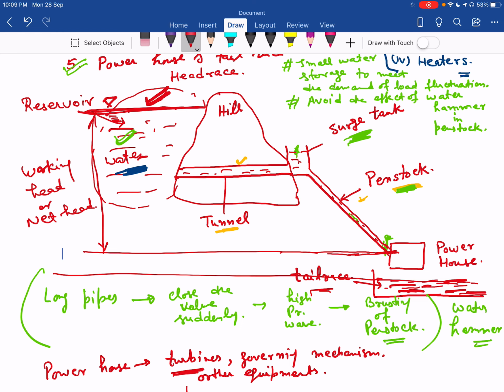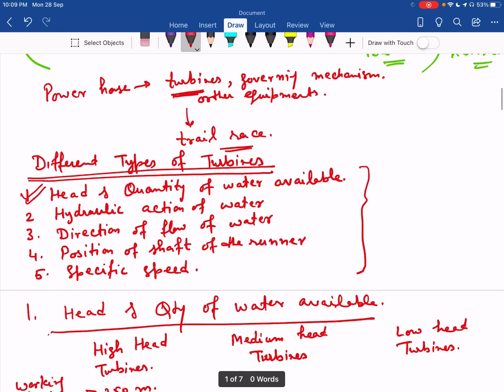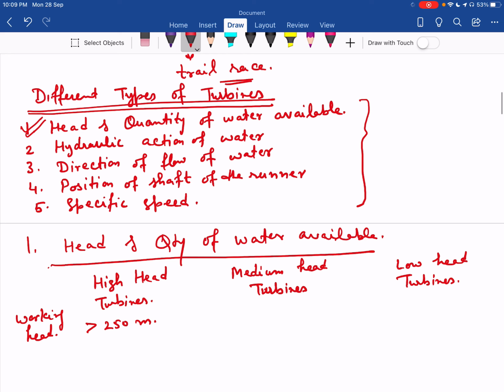If this height is more than 250 meters, the turbines used there are called high head turbines. If it is 45 meters to 250 meters, that is medium head, and if it is less than 45 meters, that is low head.